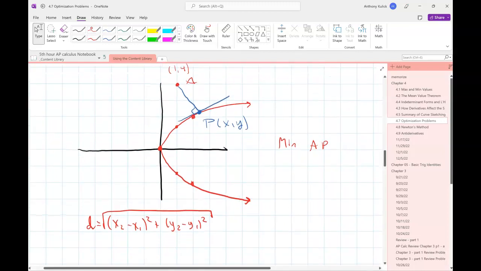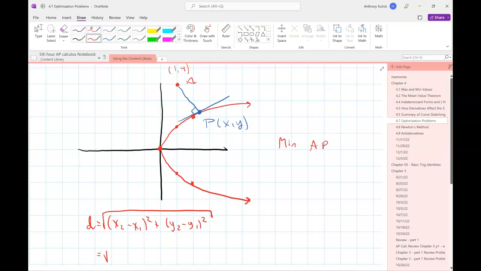So in our case, let's make point A our x1, y1.